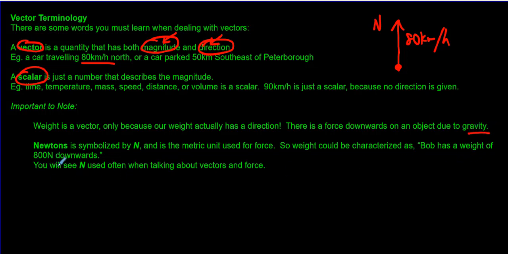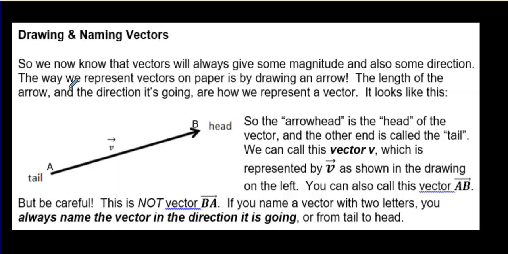Okay? The last thing on this page is something called newtons. Newtons are symbolized by the capital N, and they are the metric unit used for force. So weight could be characterized as Bob has a weight of 800 newtons downwards. Okay? You will see N, or newtons, used often when talking about vectors and force.